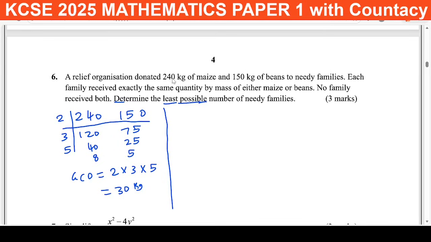So to be able to get these families, the families that got maize will definitely be 240 divided by the number of kg per bag.